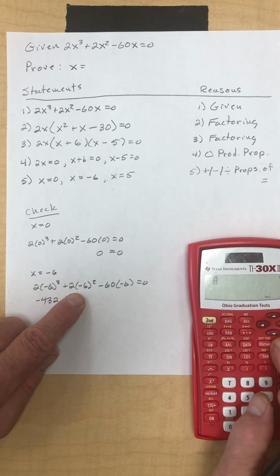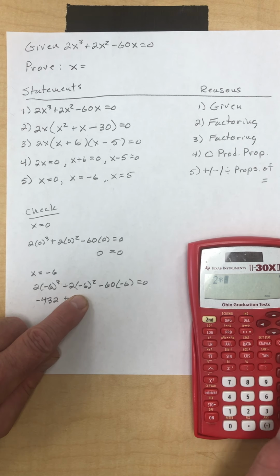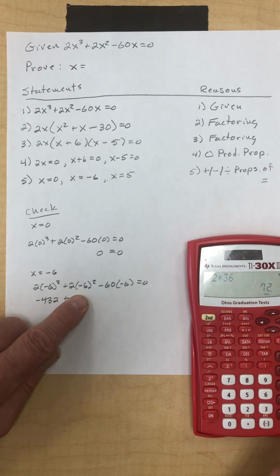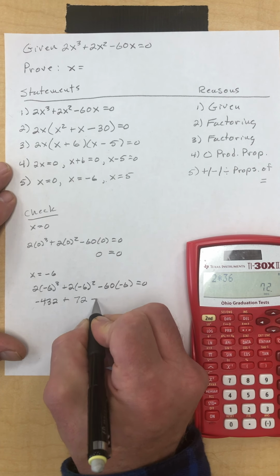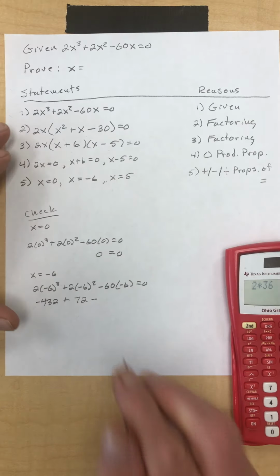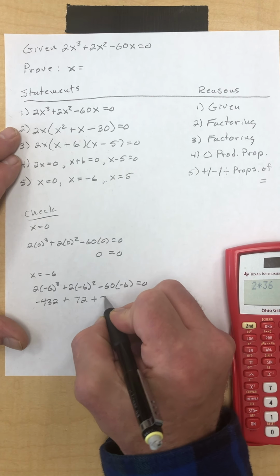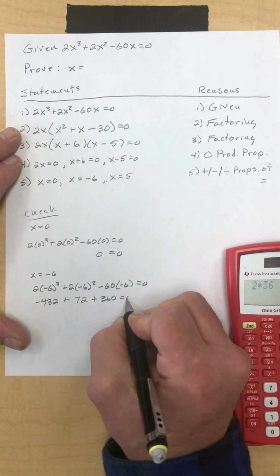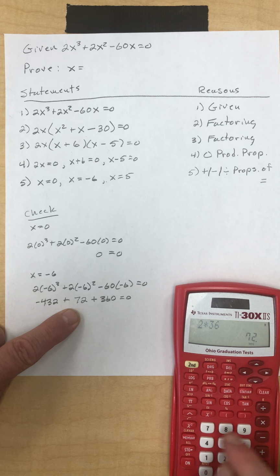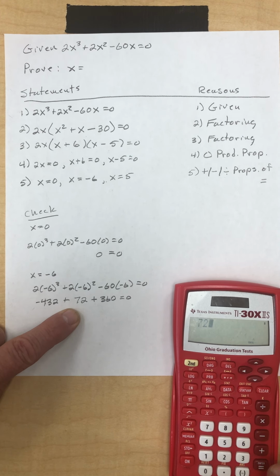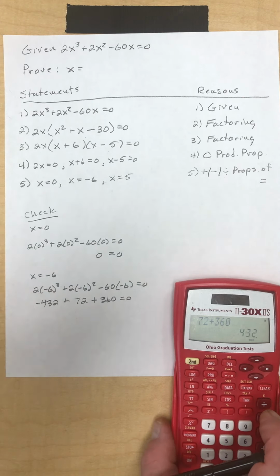Now -6 squared will give me 36, so that's 2 times 36, which is 72. And then -60 times -6 will give me positive 360. And let's see if we get 0 here. 72 plus 360 is 432. So yeah, it works out.